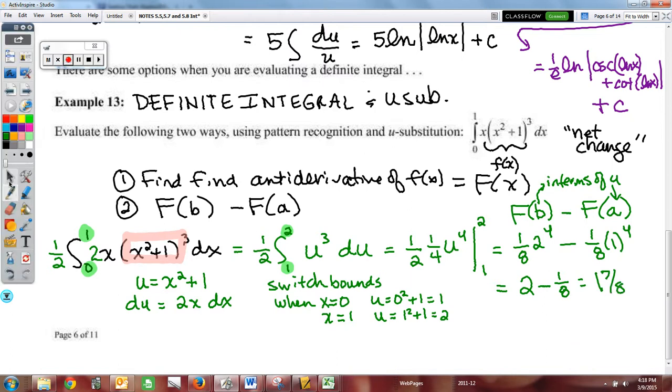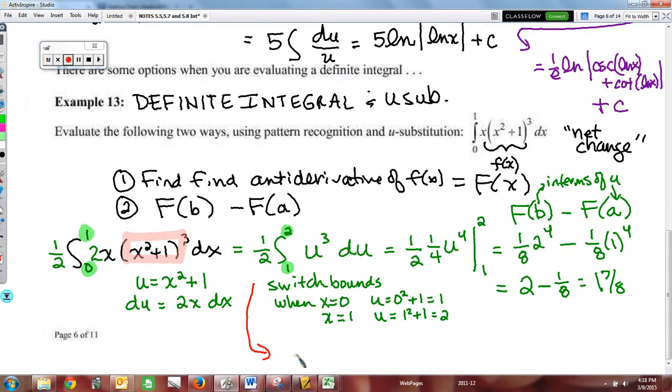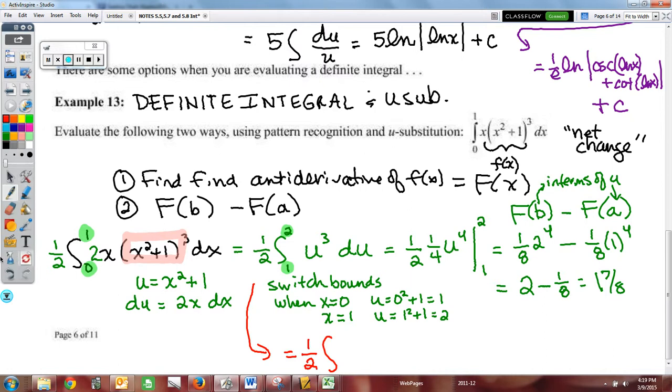Now notice that if I were to do this problem and put it back in the x's, so this is kind of our alternate, maybe I do pattern recognition. Maybe I never actually substitute the u in. Maybe when I get to here, I just realize I pack everything back up in, and I'm going to take the antiderivative of u cubed, and in my head, I just go ahead and do the problem.